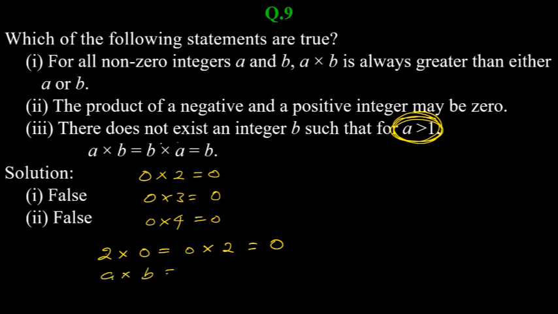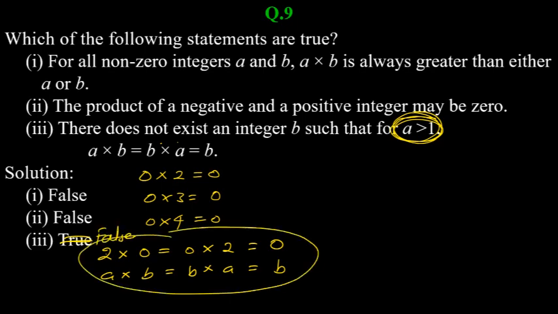A into B equals to B into A equals to B. Now, quite a few correct answers. So that's what you need to write. It is not true here, it is false, because we have this one condition.